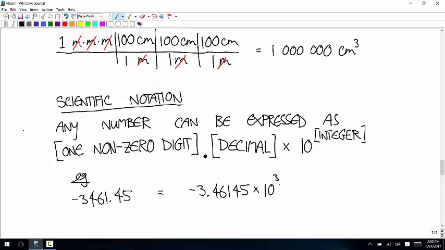And the way that works is 10 to the third power is 1,000. So you're just multiplying this 3.46 blah, blah, blah times 1,000. And it gives you 3,461. Changing things into scientific notation and back never affects the sign. So if it's negative, it's negative.